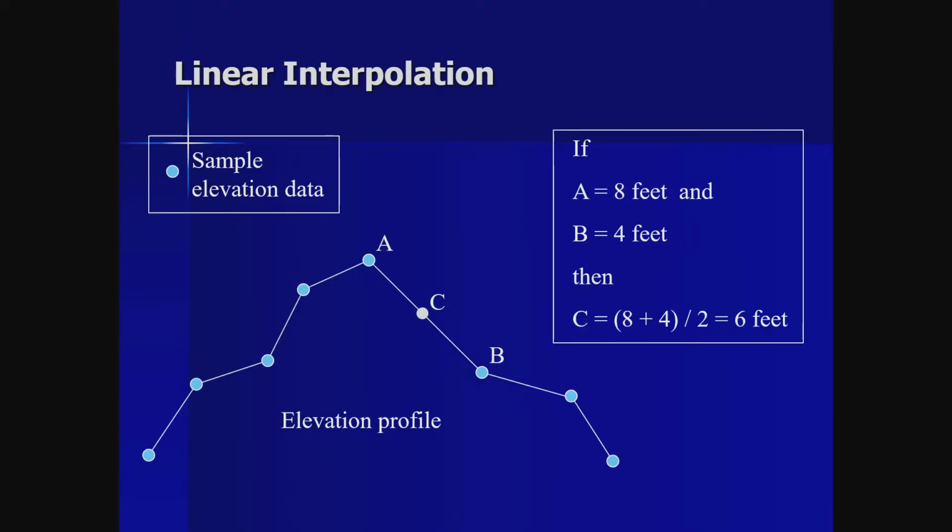So some of these interpolation techniques rely on simple linear interpolation. In fact, the triangulated irregular network is doing a three-dimensional linear interpolation of your data. Right now this is a two-dimensional cross-section of the data, where it's just connecting all of these points.